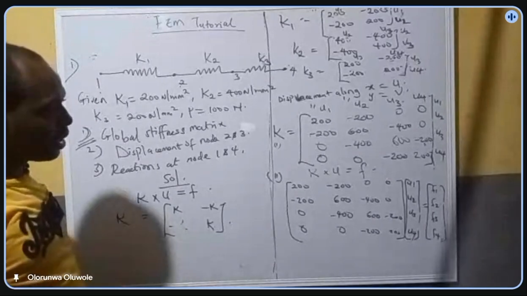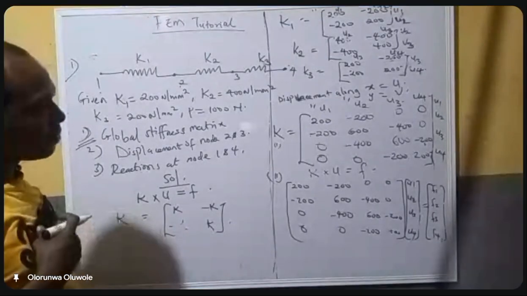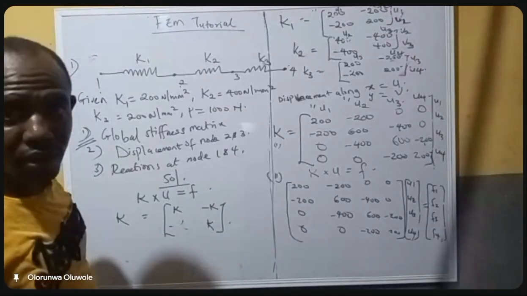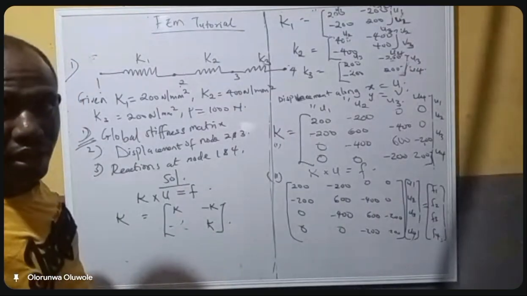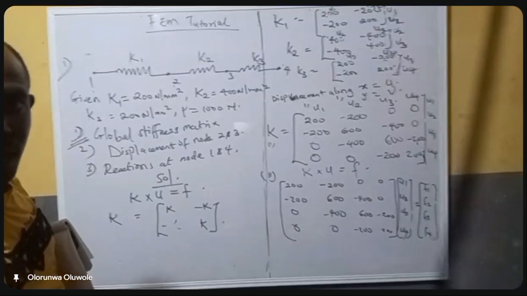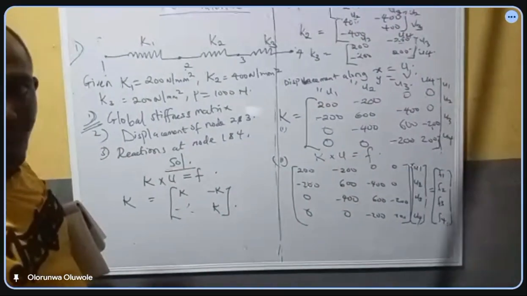I hope we are still following. Are we still following? Yes, yes, yes. Please, we cannot see the board. We cannot see what we've been writing since. Can't you see the board now?